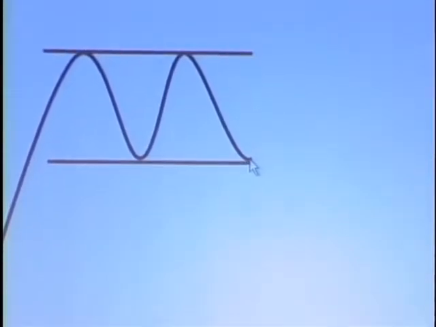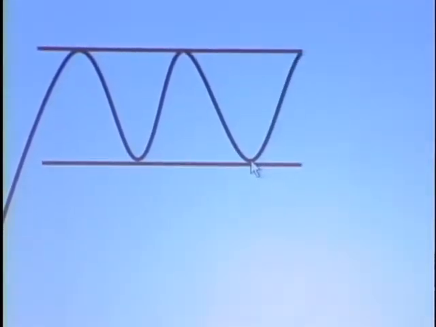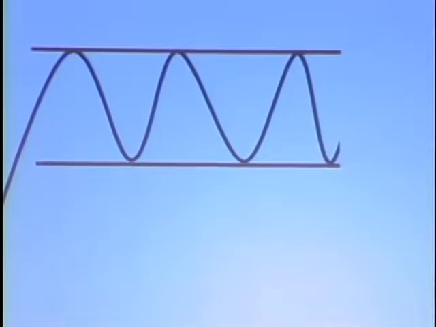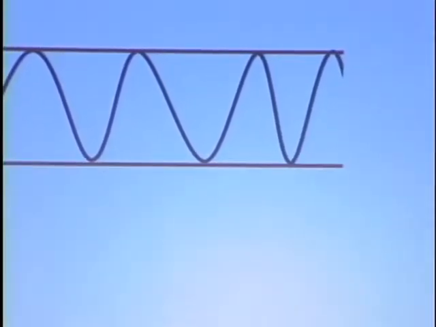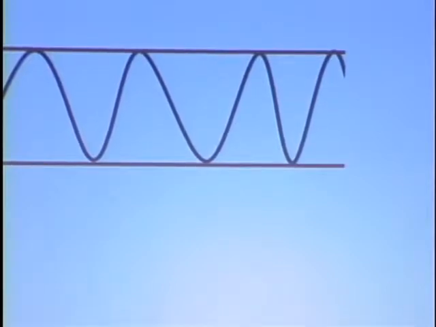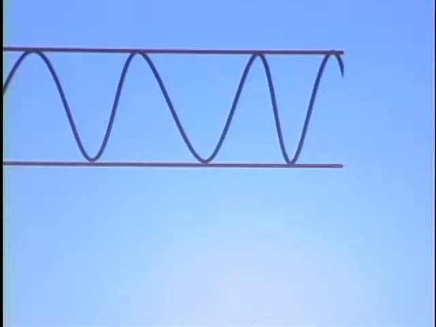So once again we can draw the line, and then the price action continues, and we can see that the lines are continually being touched. What we're getting here is a battle between buyers and sellers. Every time it comes up to the brown line, the sellers get in control, and every time it comes down to the other brown line at the lower line, people think it's a bargain, and they start to buy.